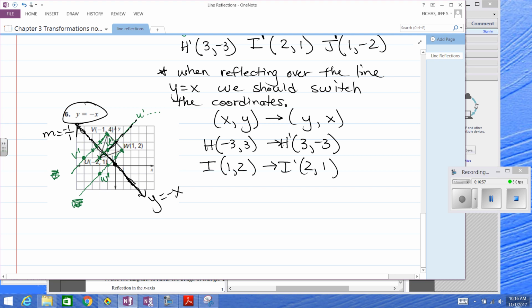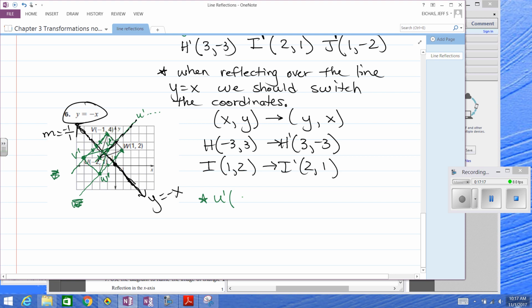So it's going to look like there's V prime. It's going to be right there. That's what it's going to look like, a little bit of overlap. U prime, where is it?